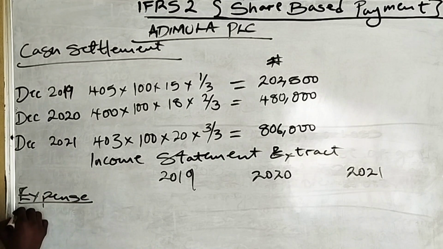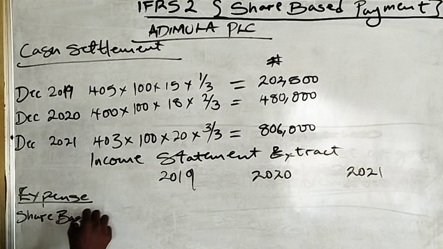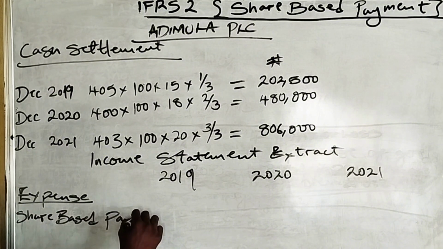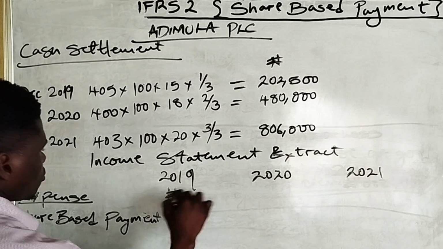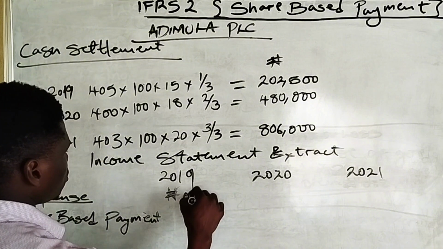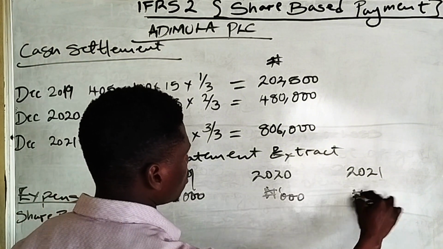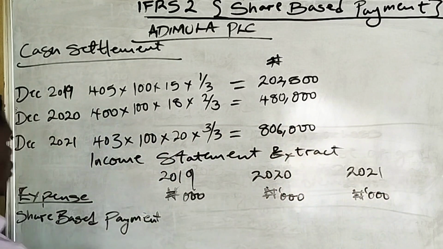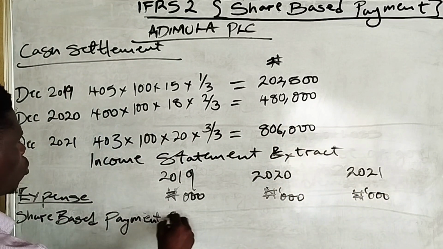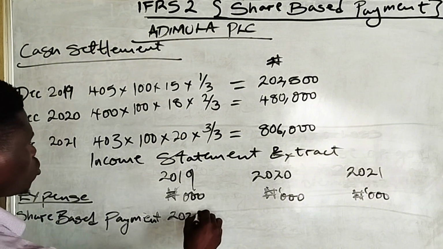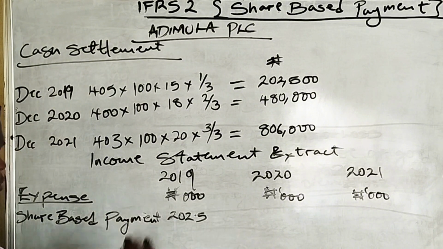We have share-based payments. Let's present in thousands. So the first year we have 202,500, that's 202.5. So these are expenses. We said expenses are not carried forward.